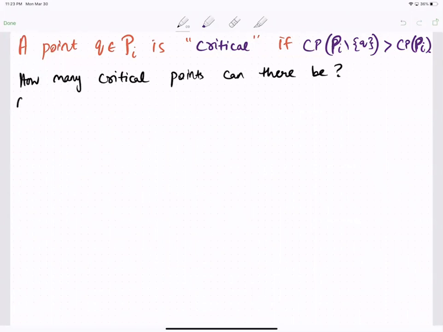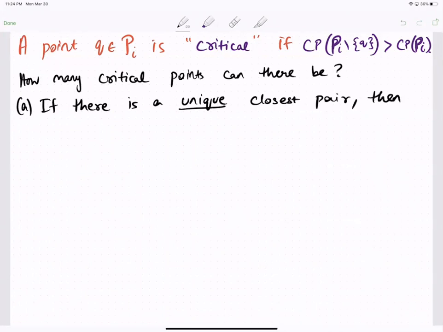Let me point out a few examples here. If there is a unique closest pair, then there are two critical points.